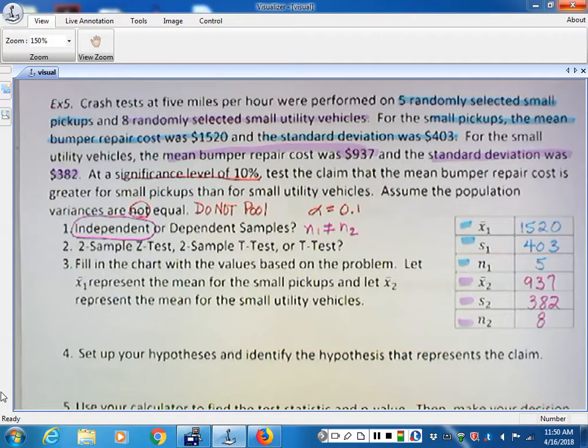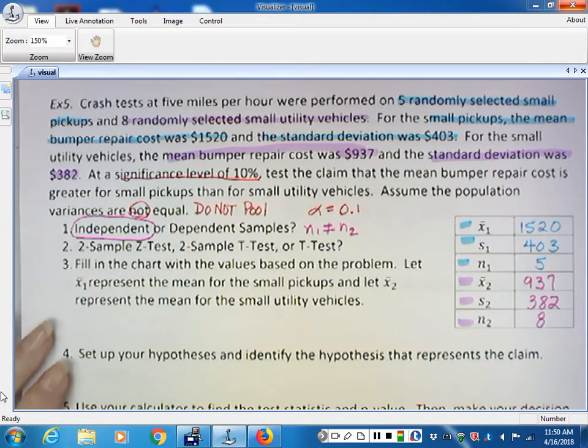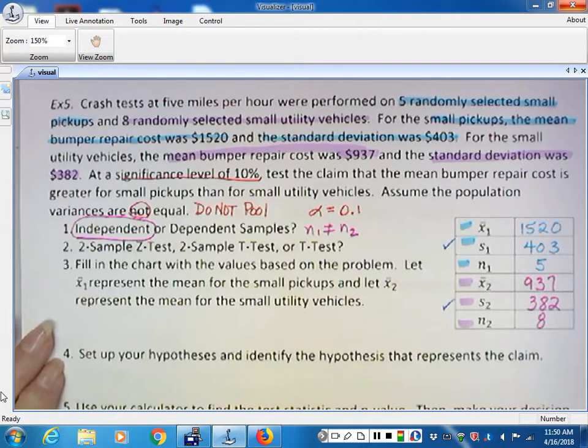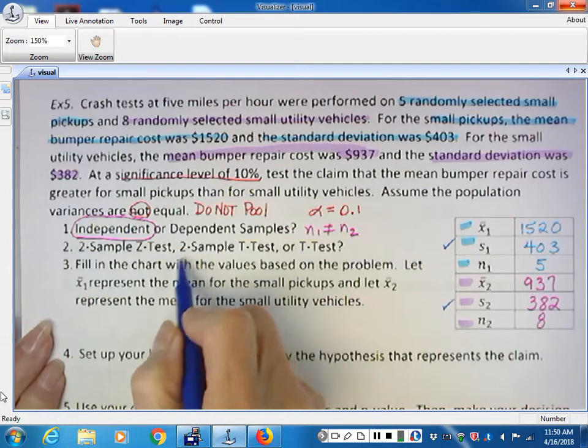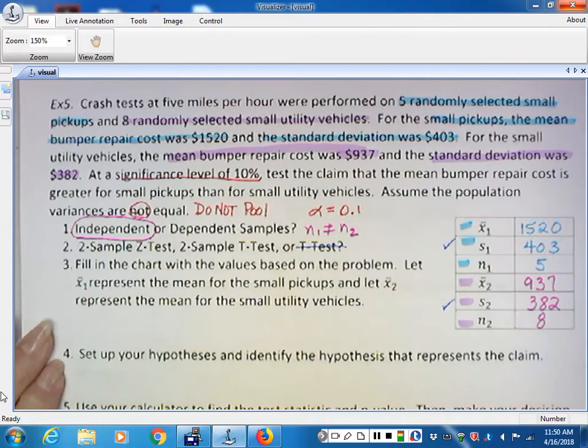So based on what we have and what we've been told, we need to make some choices now. This is an independent test. We've been told sample standard deviations, not population standard deviations. So for that reason, the fact that it's independent tells us it's not a single t-test, it's a 2-sample test.